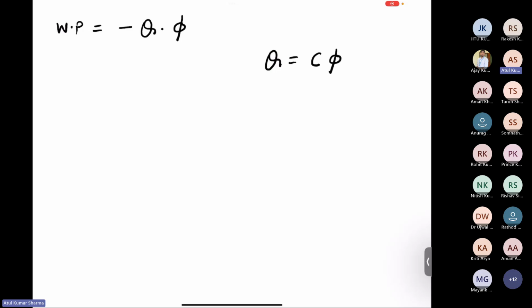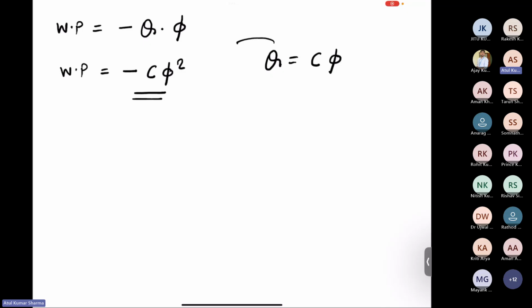These are the relationships that you have studied during your 12th standard, in physics, in the capacitor chapter. So the work done by the battery will be nothing but minus C into phi square. That is the battery work, or the work potential, required for writing the total potential energy of the system.